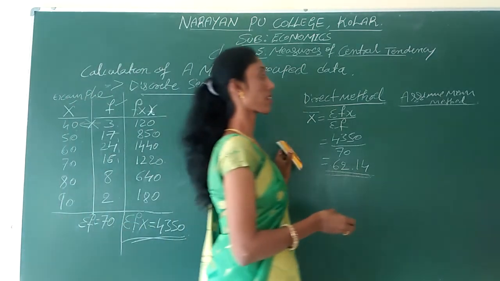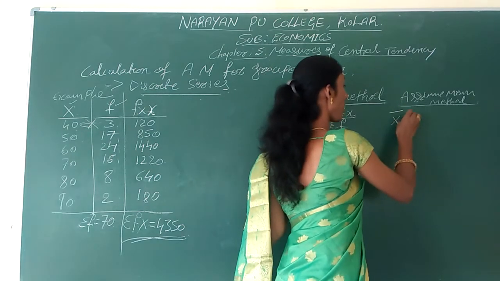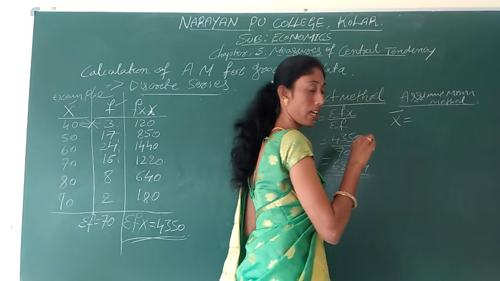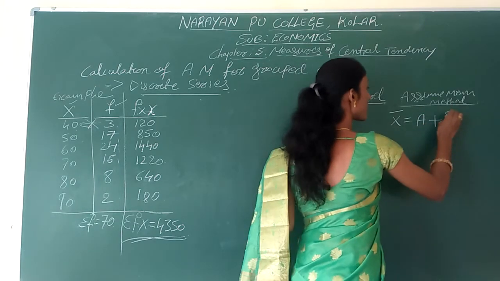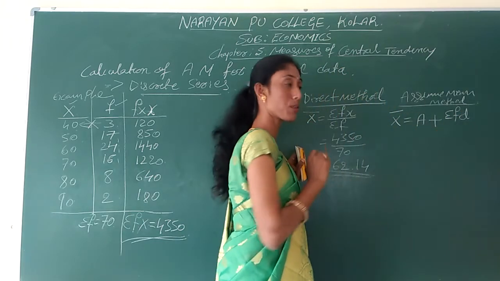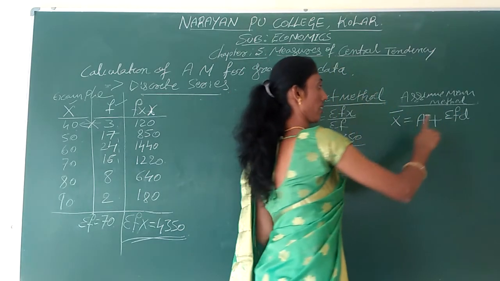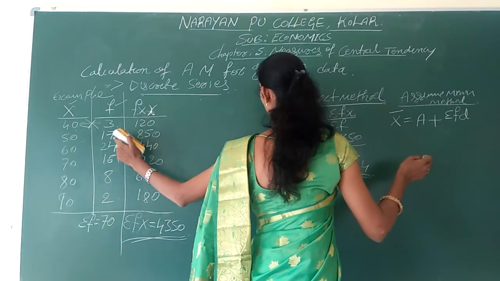Under the assumed mean method, the formula for the discrete series is x bar is equal to a plus sigma fd divided by sigma f. In individual series, we get only sigma d, right? But here we have one more column, f.